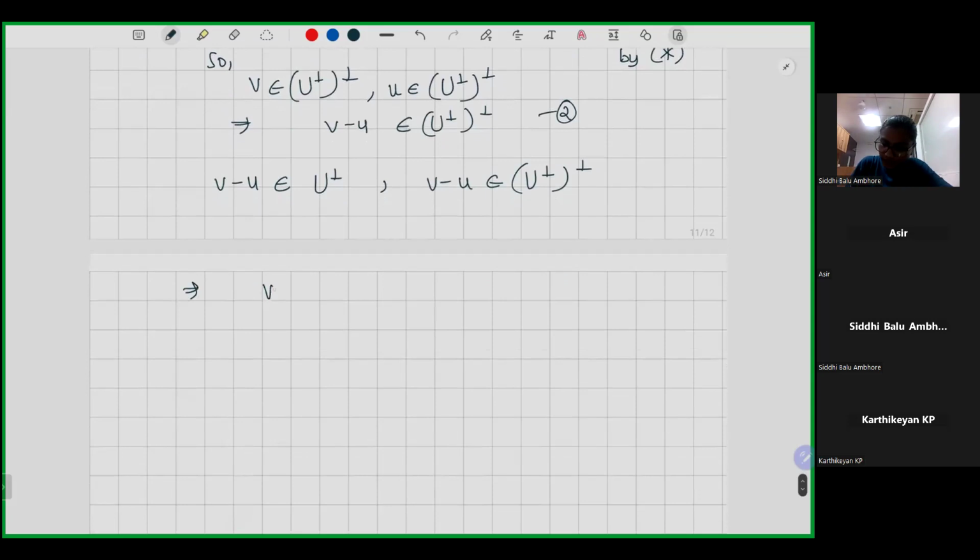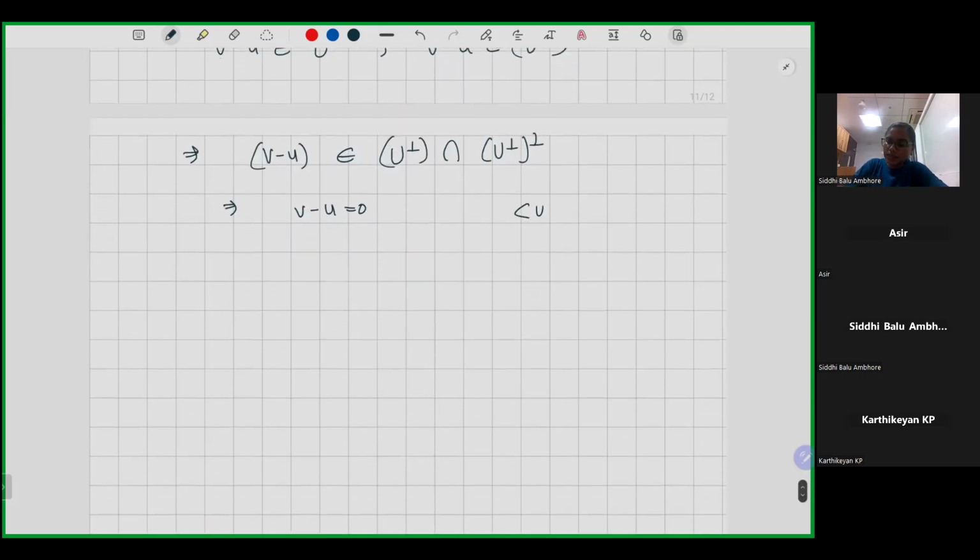V minus U belongs to the intersection, right? And this implies V minus U has to be 0, right? Because for any non-zero element, its inner product with itself is always positive.